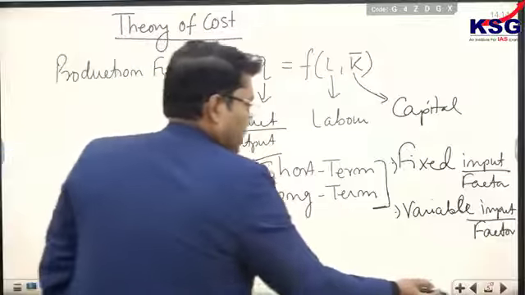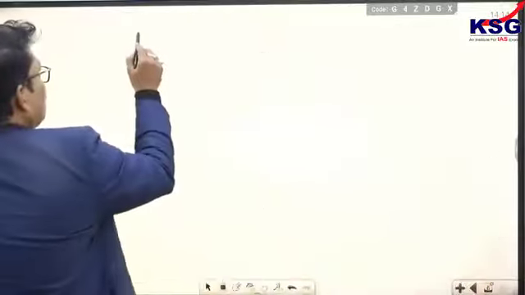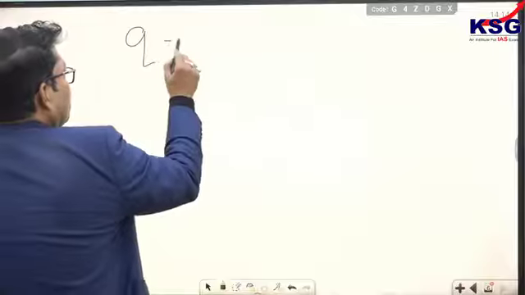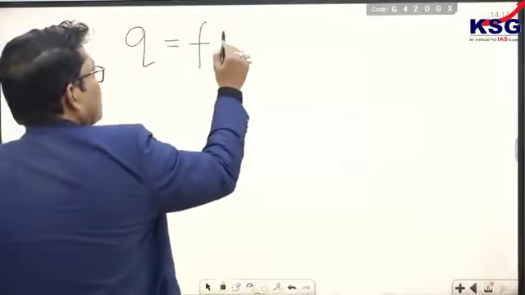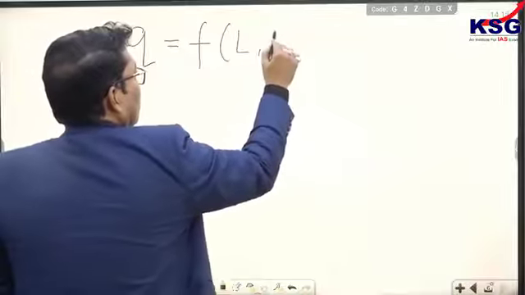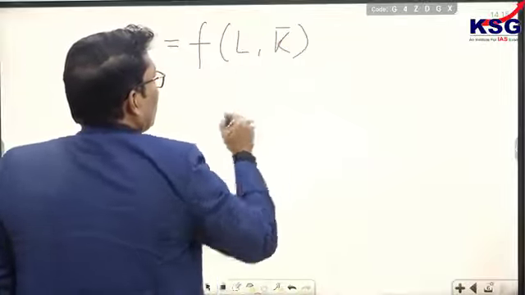Now, come back. Again I am repeating, Q may be any output. The production of this depends on labor and on capital, K bar.